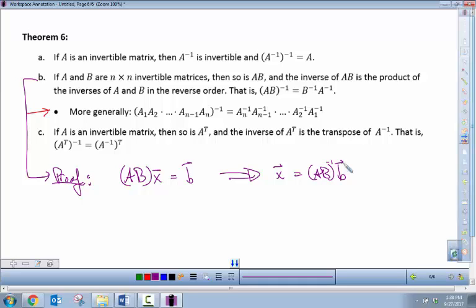Now let's try to approach it in a different way, by saying that matrix multiplication is associative. I'm going to regroup this to say this is Bx, and then A is being applied to a new vector Bx. Right?